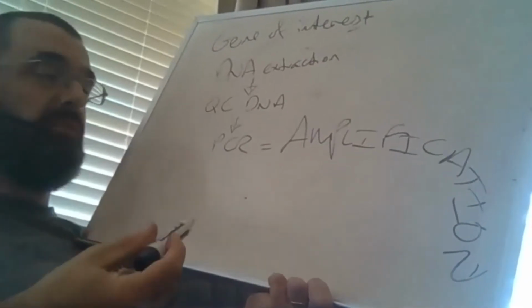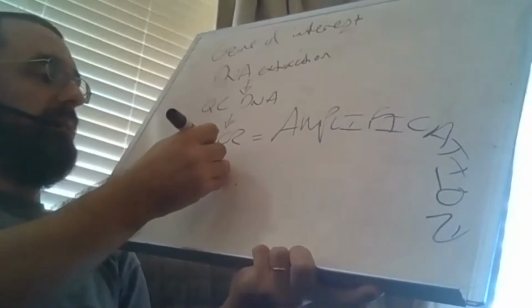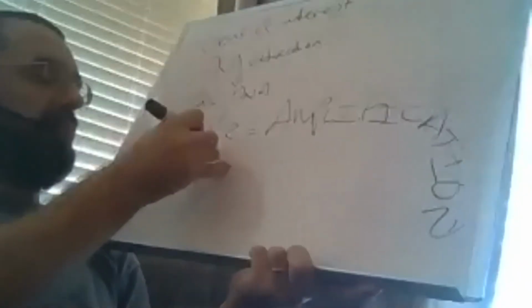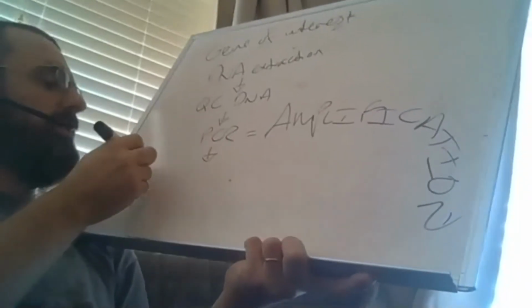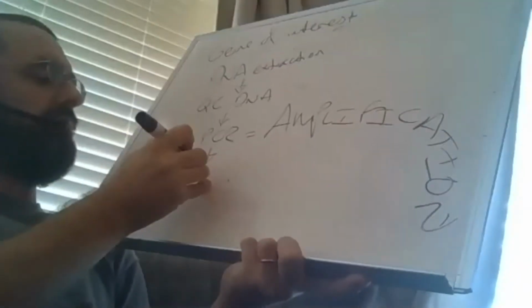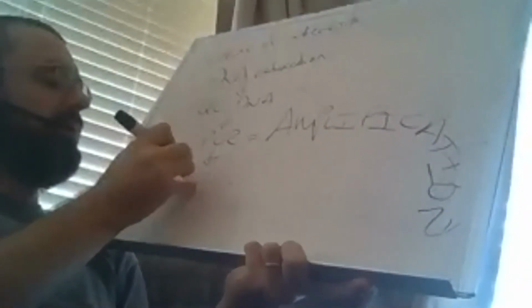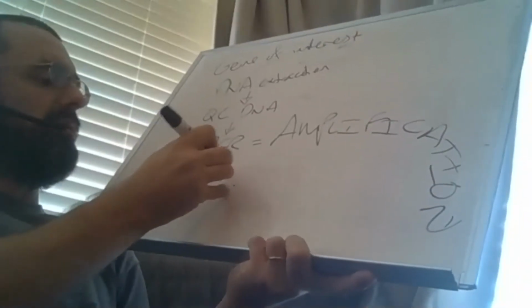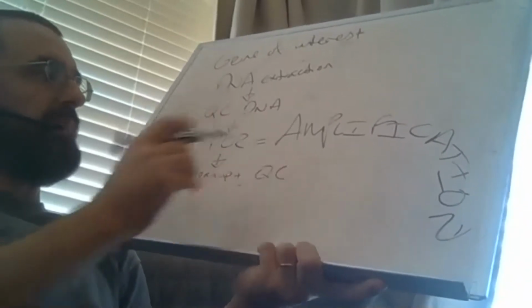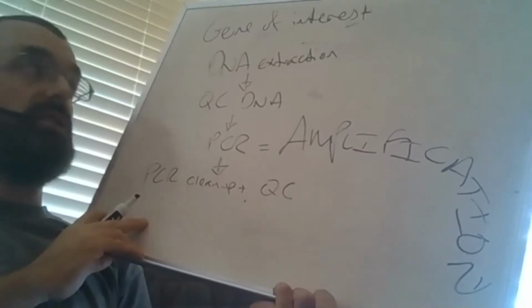Now, again, the flip side is we're left with a bunch of junk in there that we want to get rid of. And I'm going to run out of space on this board. So basically, you essentially do another PCR DNA purification.